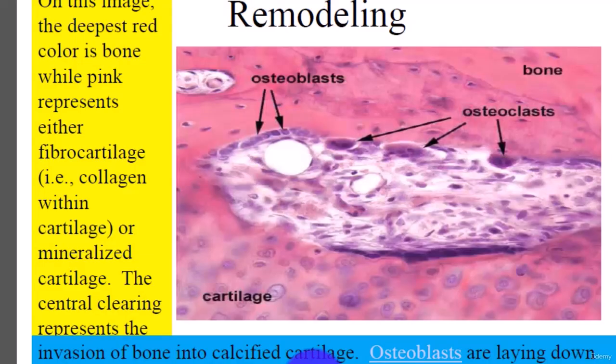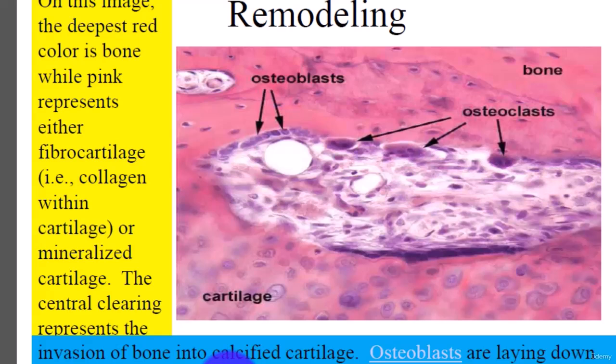Remodeling. On this image, the deepest red color is bone, while pink represents either fibrocartilage, collagen within cartilage, or mineralized cartilage. Here the cartilage, osteoclasts. This is bone. Invasion of bone into calcified cartilage. Osteoblasts are laying down new bone toward the left of the upper boundary of this cavity.